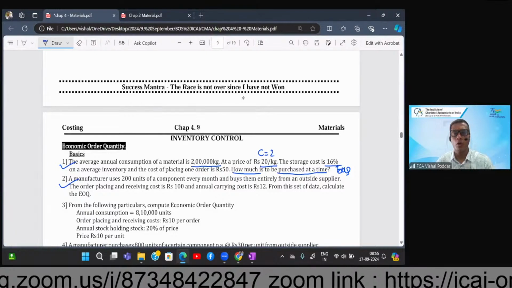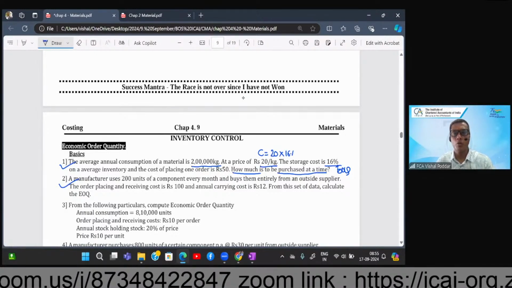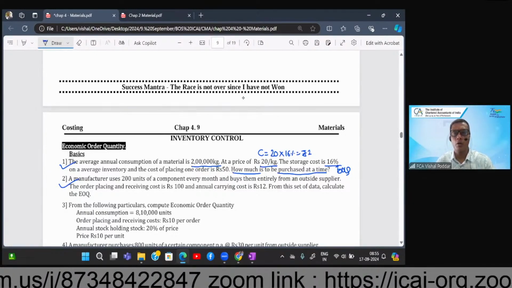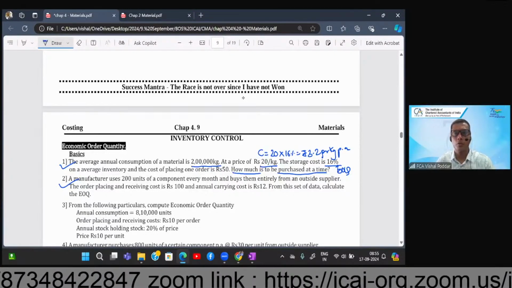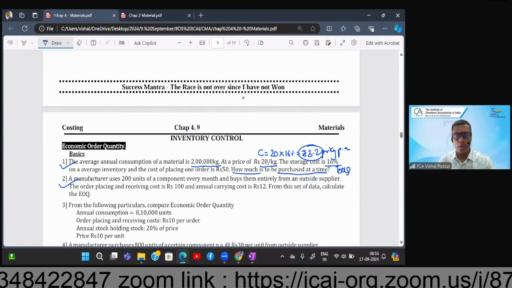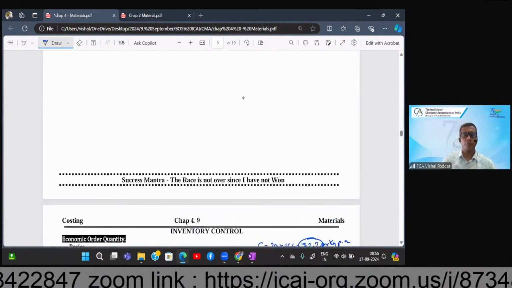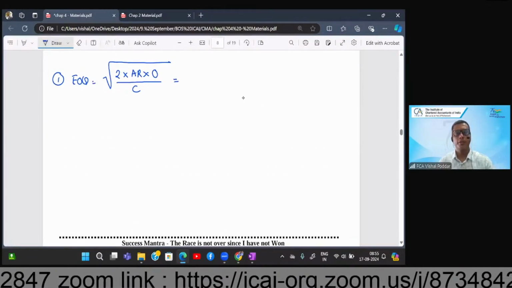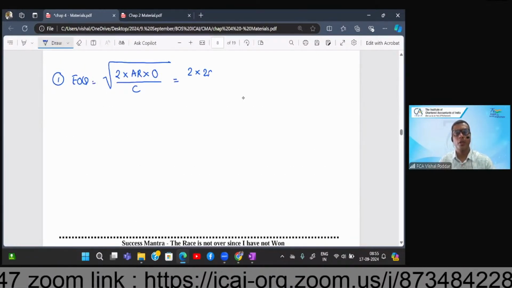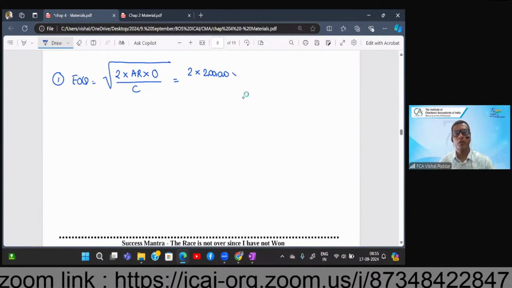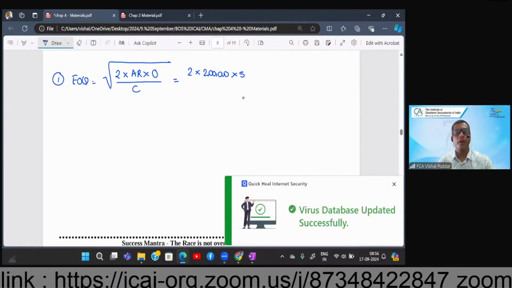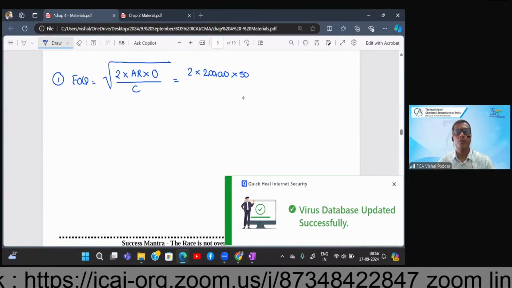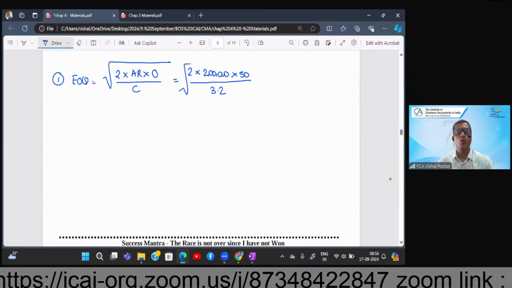So carrying cost will be what? 20 per kg price into 16%, it is equal to rupees 3.2 per kg per annum. So 3.2 is my carrying cost and my ordering cost is 50. So it is 2 lakhs, which is AR, into ordering cost 50, into carrying cost we saw is 3.2, under root.